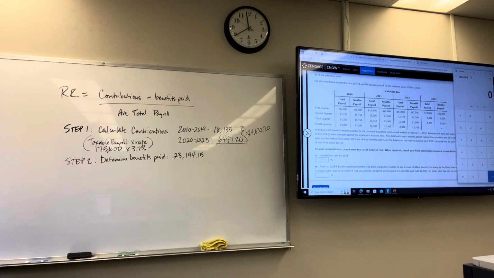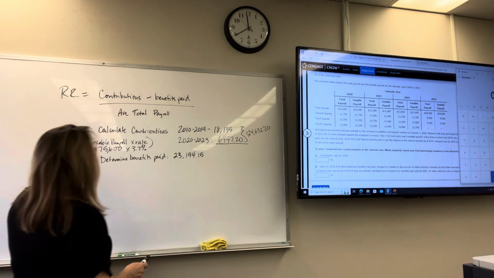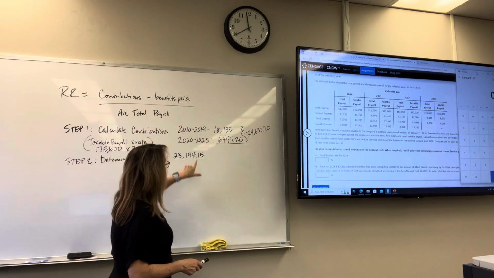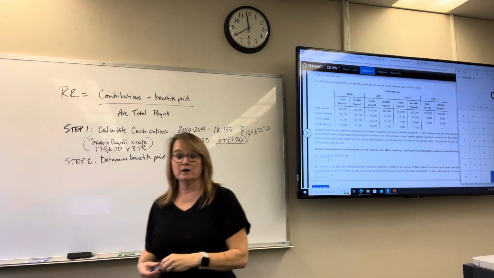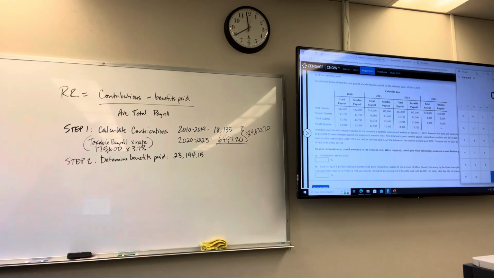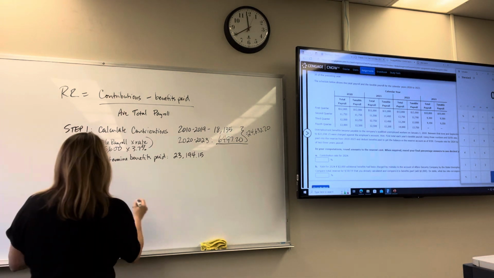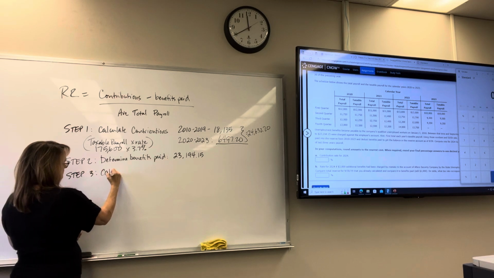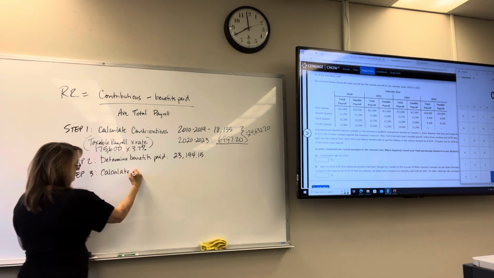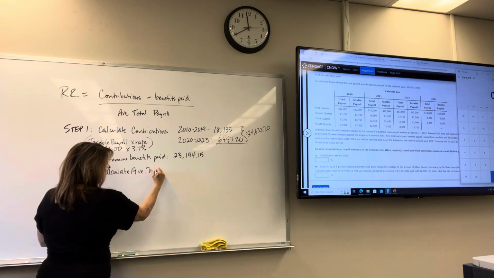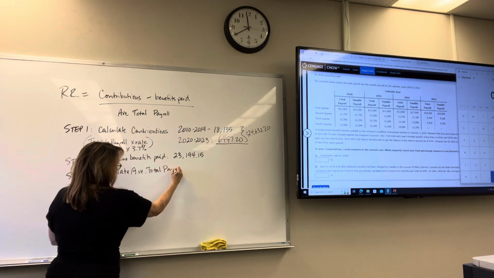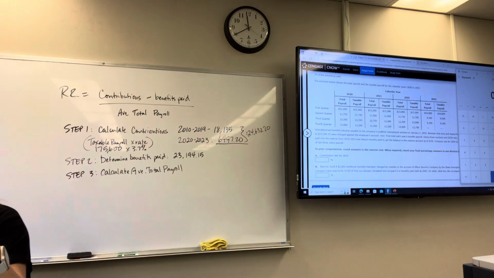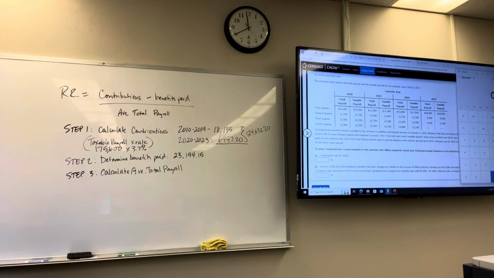Good deal. Okay, so we've got our contributions and we've got our benefits paid. Now we have to calculate what our average total payroll was over this period. So that's step 3. This is where we're going to start with the fourth quarter through the third quarter.